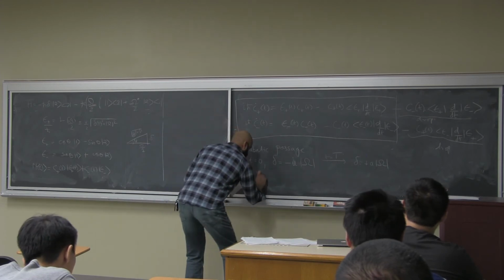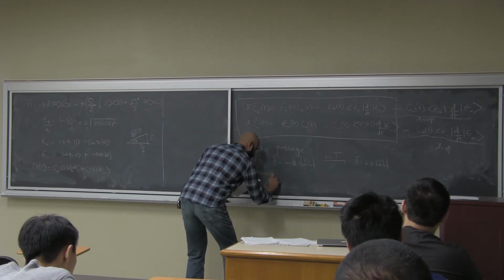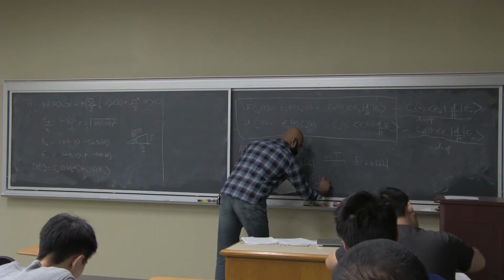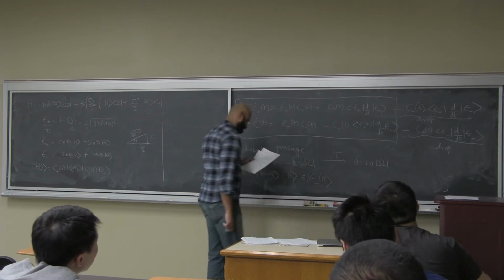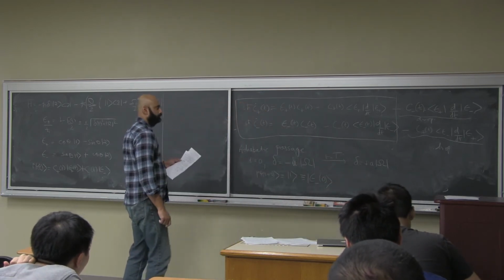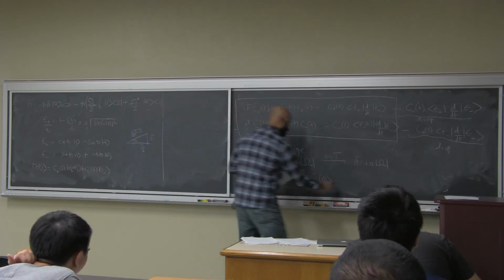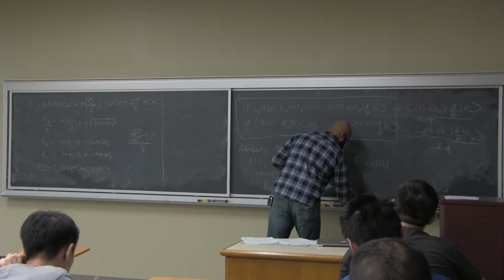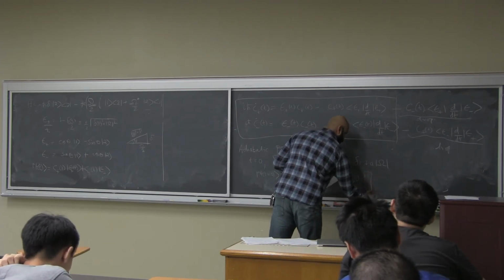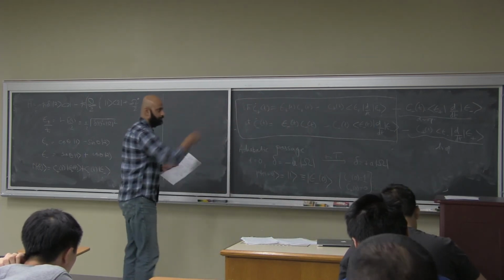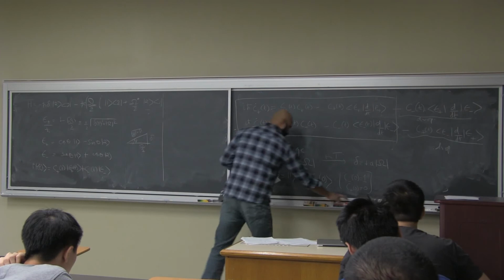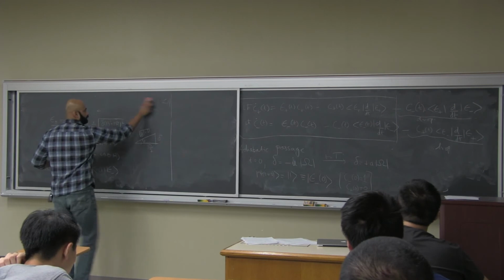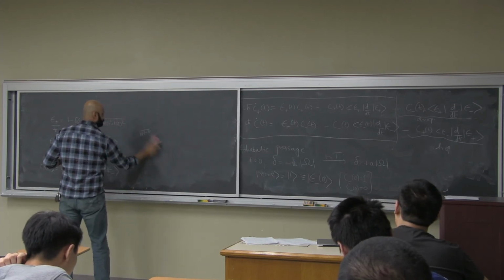At time t equal to 0, we also assume the system started in the one state, which is identical with epsilon minus of 0. So C minus of 0 equals 1, C plus of 0 equals 0. I can substitute that into these equations. I've already dropped those terms in the adiabatic approximation, so all I'm left with is this simple equation.